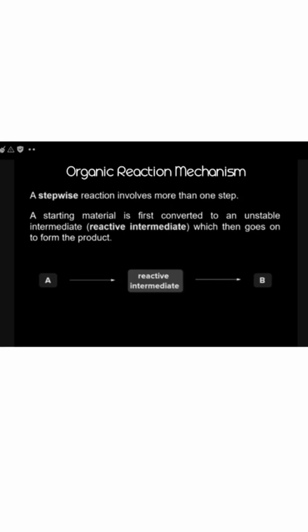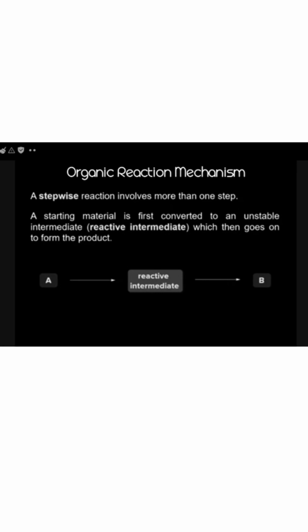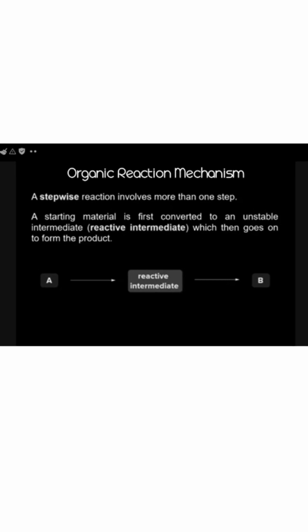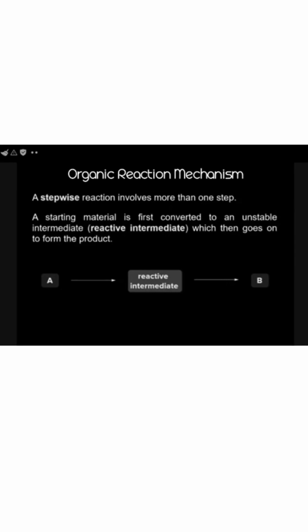Now come towards stepwise reactions. If a stepwise reaction involves more than one step, then there must be a reactive intermediate formed between the reactant and product. This is the most important concept of reaction mechanism.